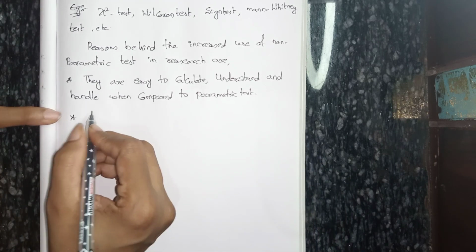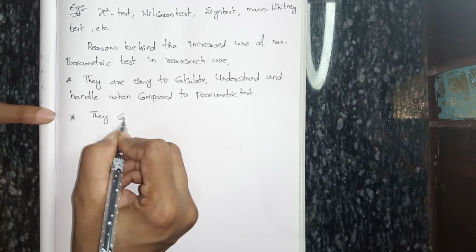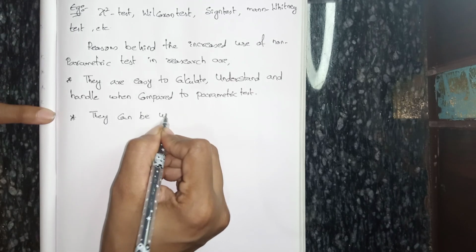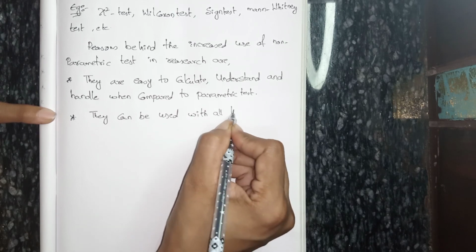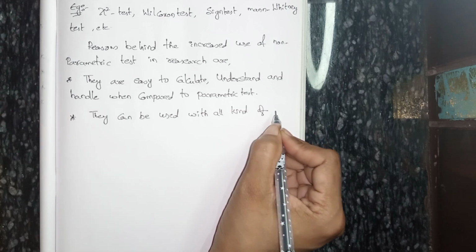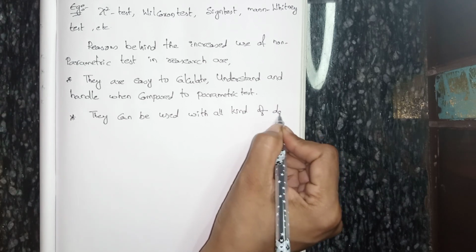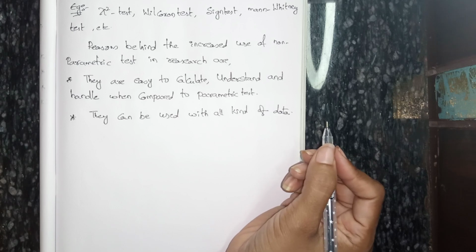And the next point is they can be used with all kinds of information, with all kinds of data. We can use them wherever we want. Why? Because they have no rules.